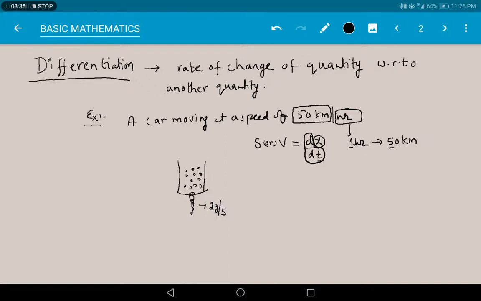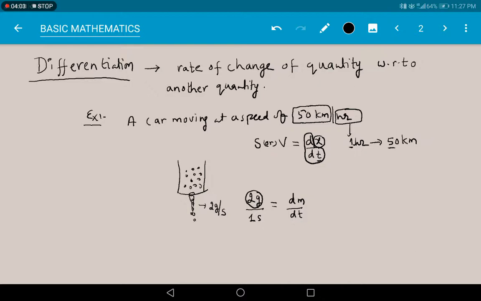What is the meaning of this? 2 grams of sand is falling per unit time. So it is known to be rate of change of mass with respect to the time. That means for each second how many grams is falling from the bag? 2 grams of the sand is falling from the bag.